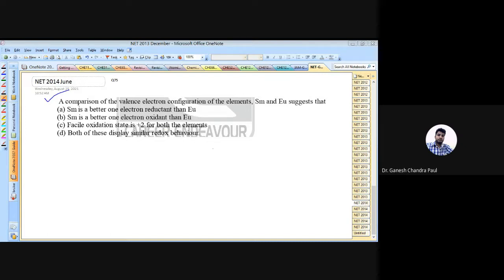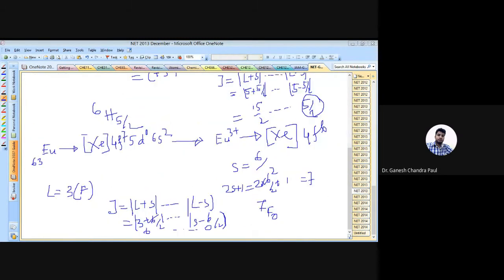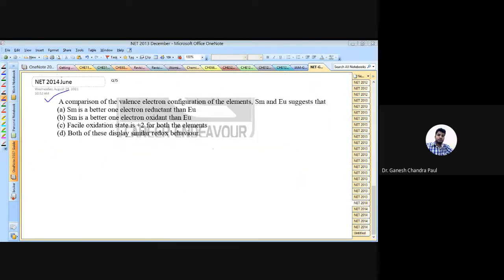Both display similar redox behavior. We have just discussed the electronic configuration, right? Samarium's valence configuration is xenon 4f6 5d0 6s2. In the case of europium, it is 4f7 5d0 6s2. This question came in the NET 2014 June exam.